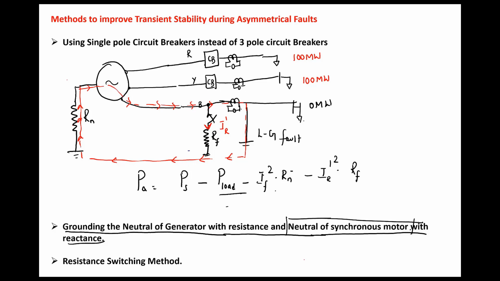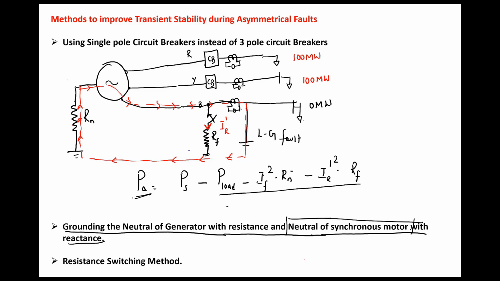So all these negative terms try to reduce the overall accelerating power, thus increasing the probability of retaining the stability. Understand? So just remember, nobody will ask all this logic and everything. Single pole circuit breakers will help us in improving the transient stability.